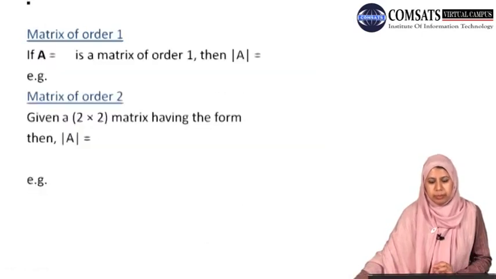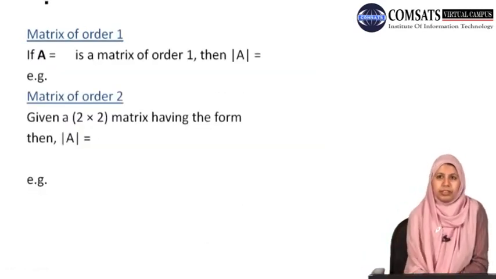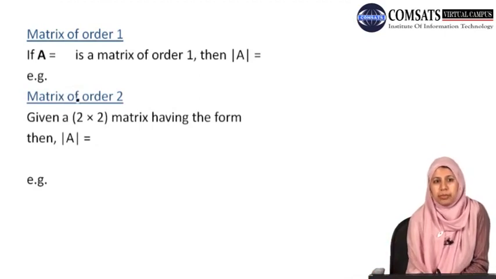Now we come to some simple examples. Since we have said that the determinant can be calculated only for square matrices, we start with the very basic one.